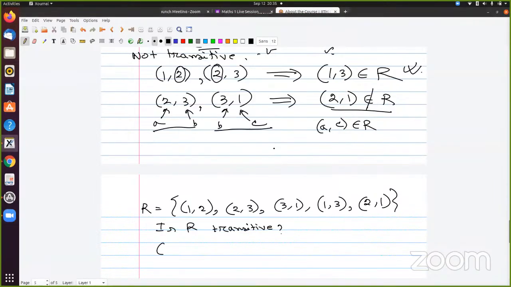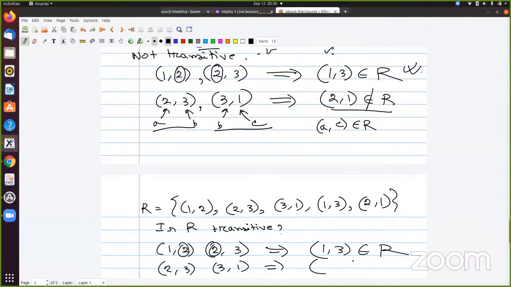Let's start from the beginning. For 1 comma 2, 2 comma 3, which element should be there? 1 comma 3, which is inside R. Correct. This 2 is common. For 2 comma 3, 3 comma 1, what element should be there? 2 comma 1. Is it inside R? Yes, sir.